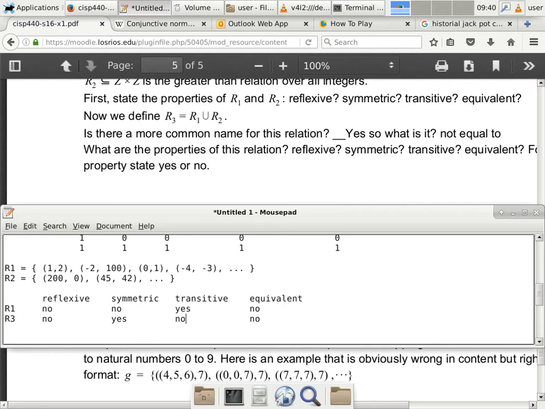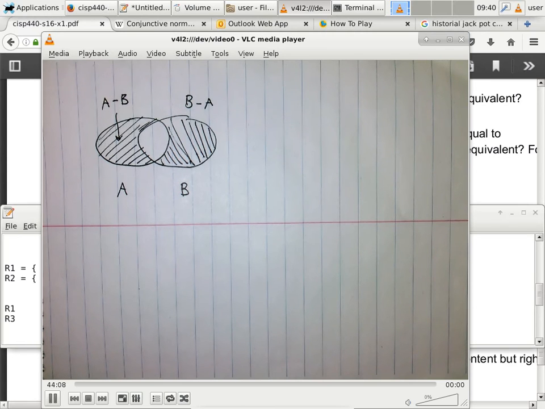Yep. So, for transitivity's sake, in one we would have, say, 1, 0 as a tuple, and in the other one we'd have 0, 1 as a tuple. Not exactly. Let me just show you guys the definition of what it means to be transitive.